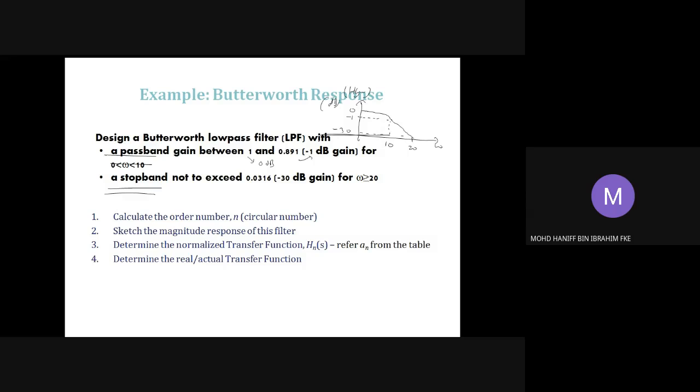From this information, you have alpha P equals negative 1 dB, omega P equals 10 radian per second, alpha S equals negative 30 dB, and omega S equals 20 radian per second. This is based on the given information.